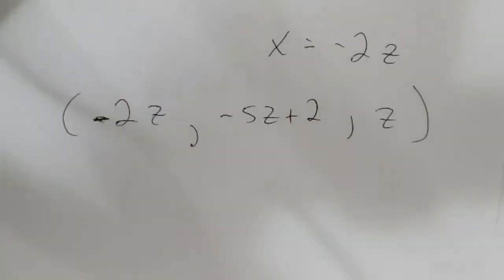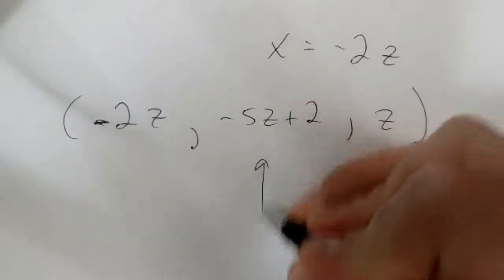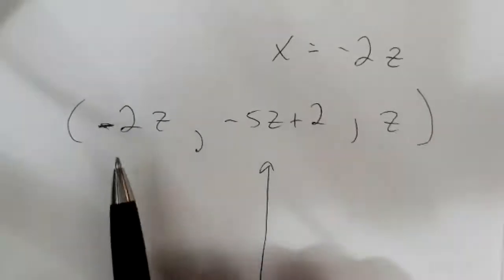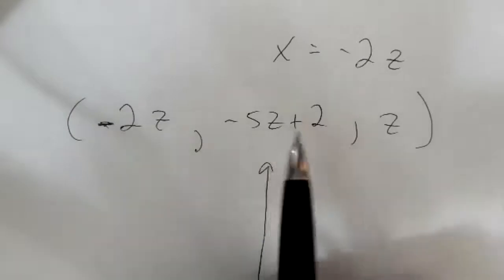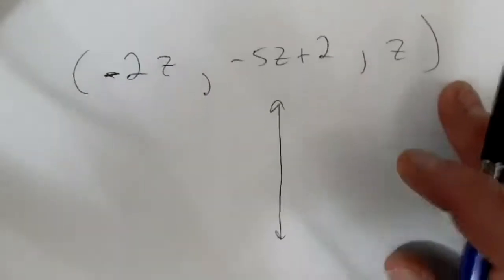Okay, so maybe a little bit to note on this. This is what a line looks like in 3 space, and that's the best sort of explanation I can give. You might notice this is a linear sort of pattern happening here. This is a linear sort of pattern happening here.